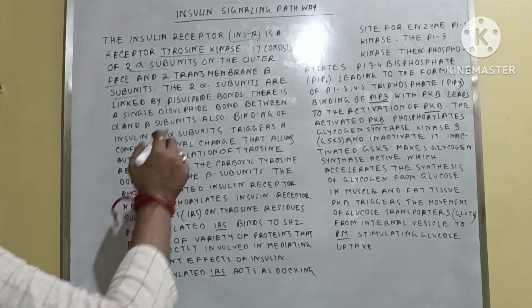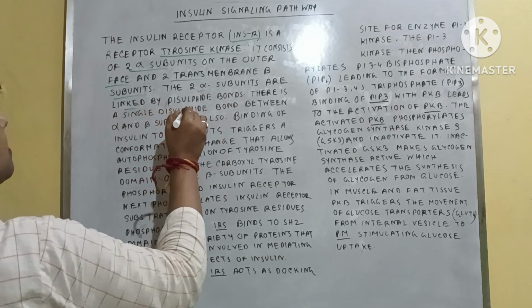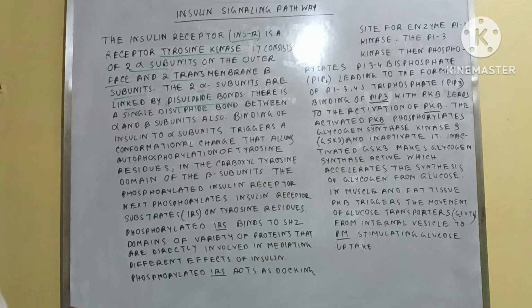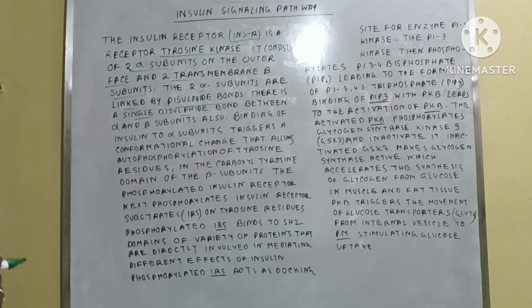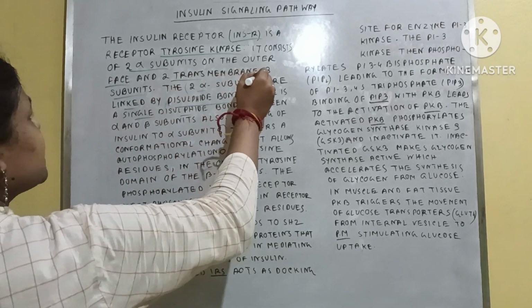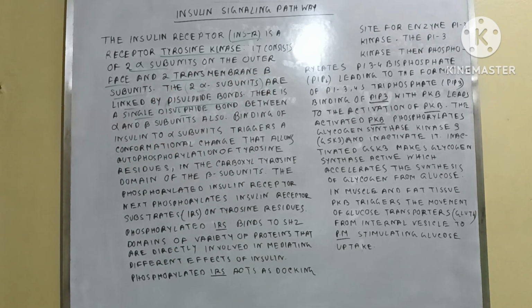The two alpha subunits are linked by disulfide bonds, and there is a single disulfide bond between alpha and beta subunits.